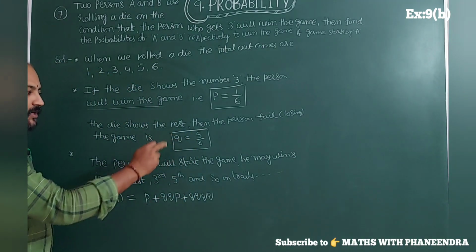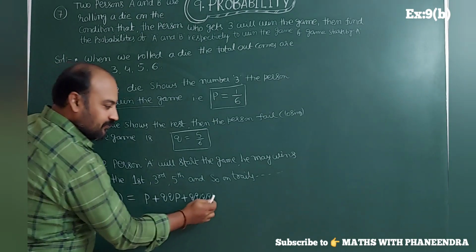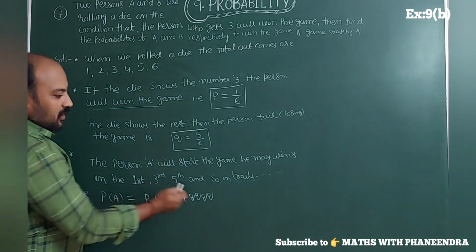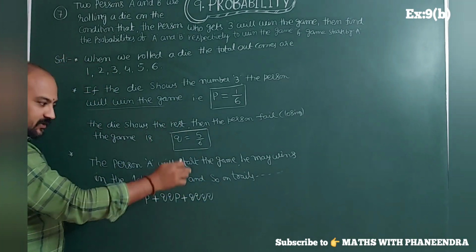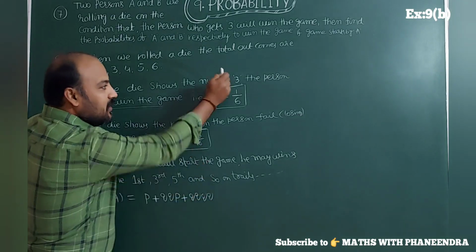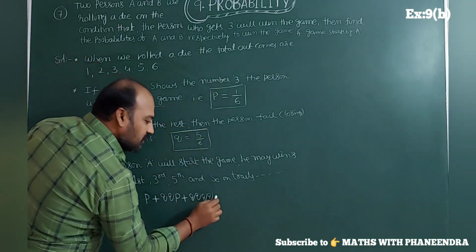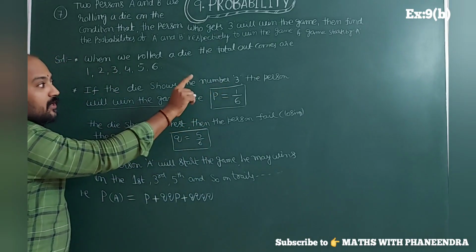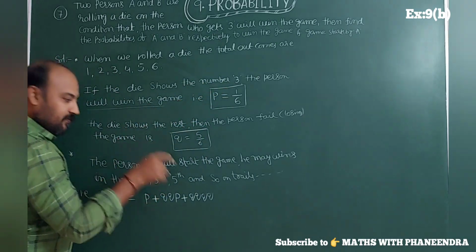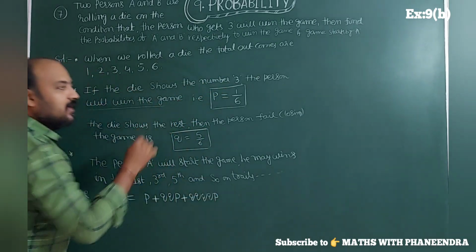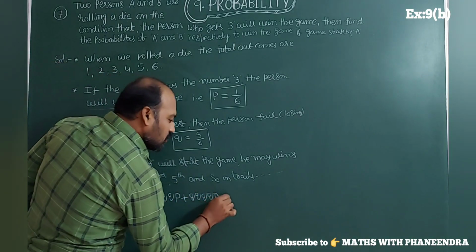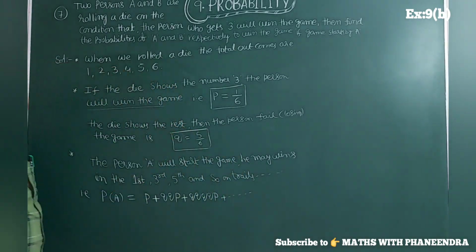Why? Because A person will start the game, that is the reason. Now the person A will take this, in this trial he is going to get the number 3. Whenever 3 comes, the person A will win. Winning possibility is P. So like this and so on is going to come.